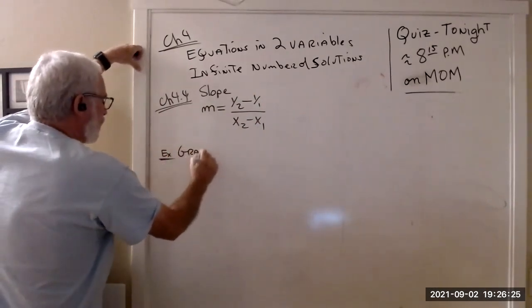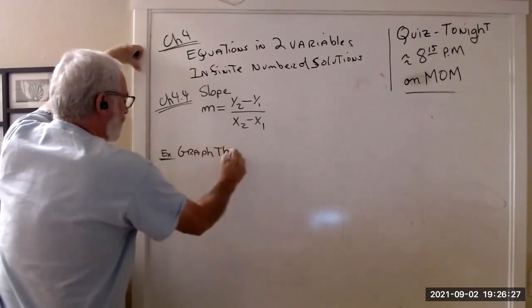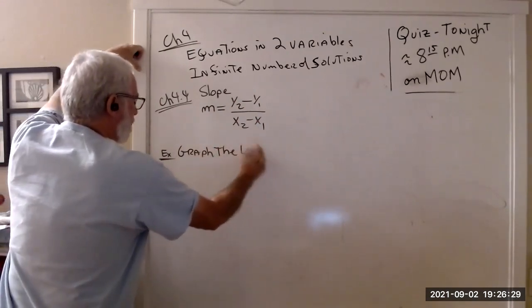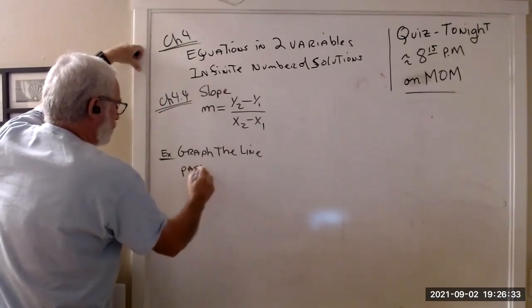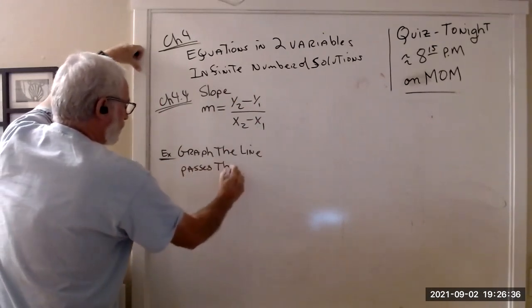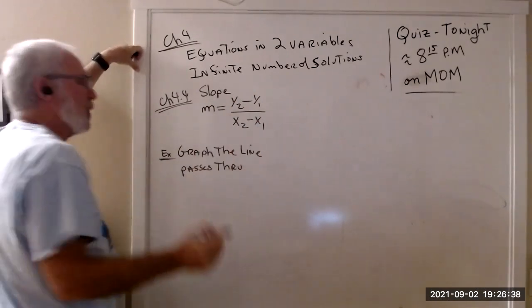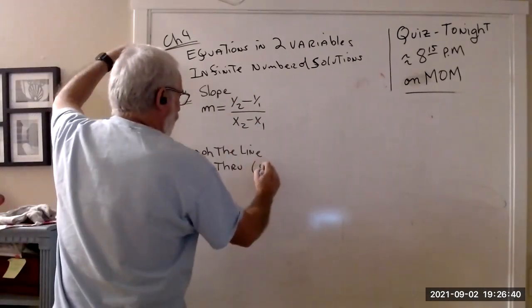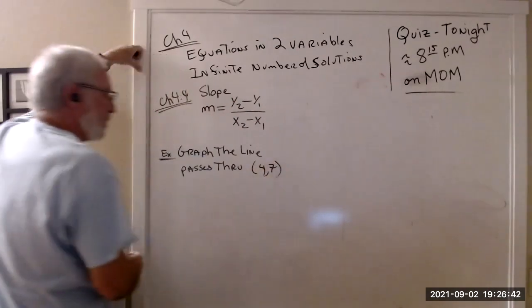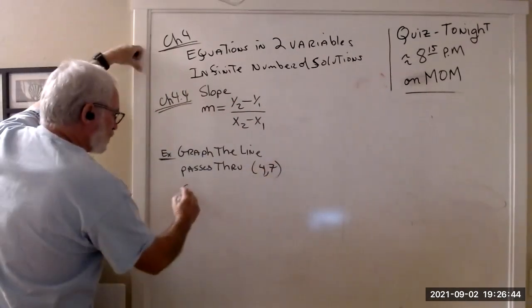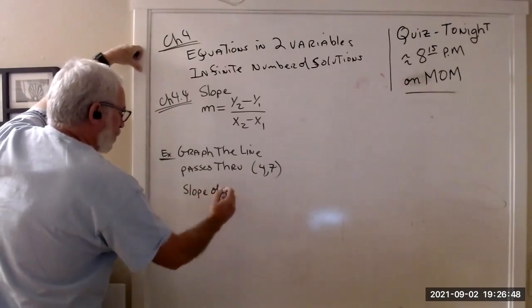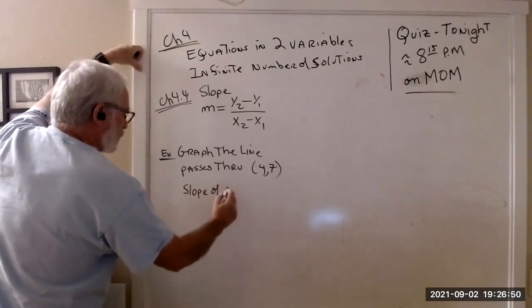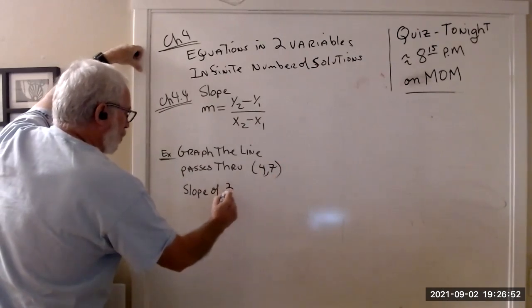Graph the line that passes through, oh, I don't know, I'm going to make up a point, (4,7) and has a slope of, we'll be nice right now, 2/5.